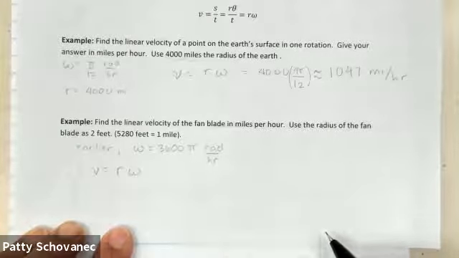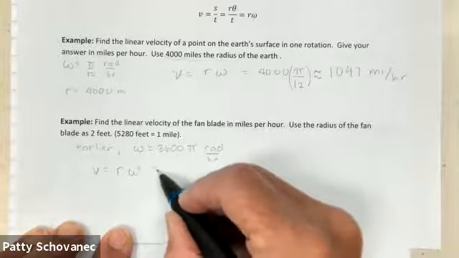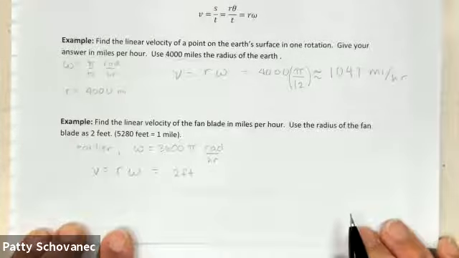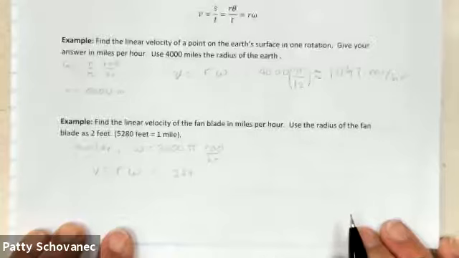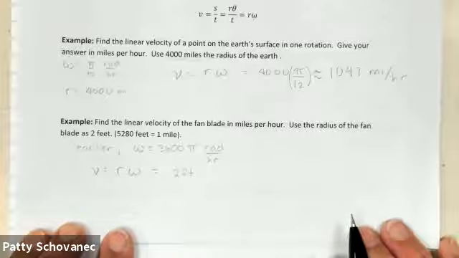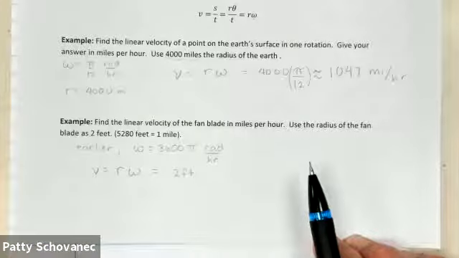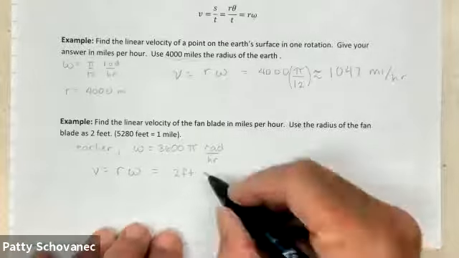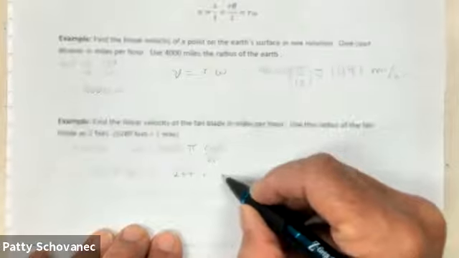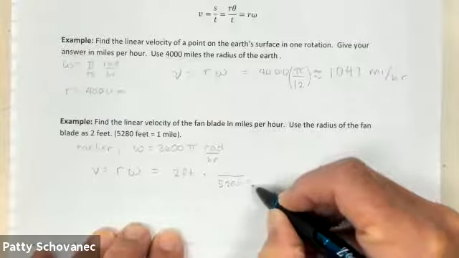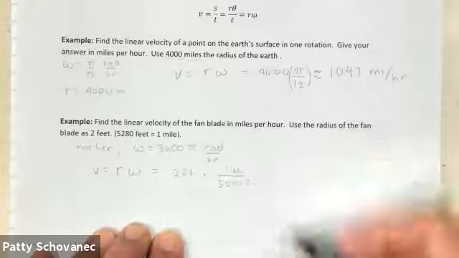Well, my radius is given as 2 feet. So I have 2 feet that I need to convert to miles if I want to get things in miles per hour. I tell you down here that it takes 5,280 feet to make a mile. So to convert this to miles, I say that there are 5,280 feet in 1 mile.